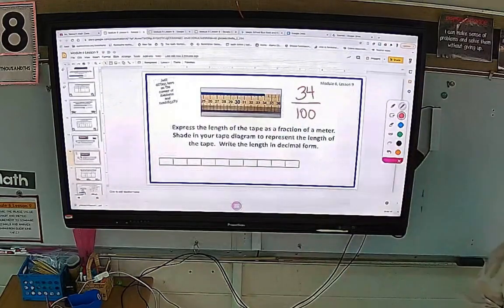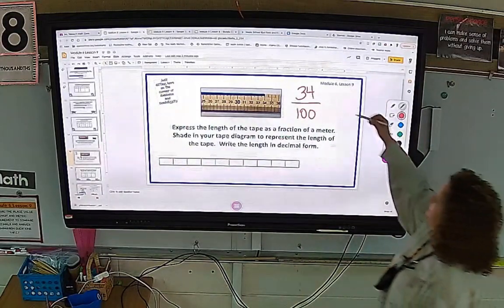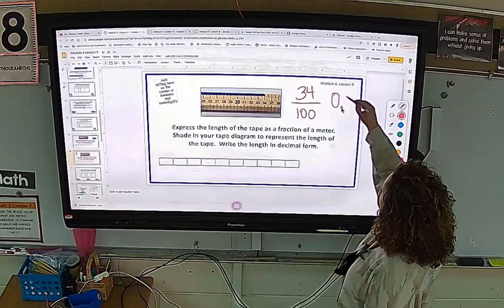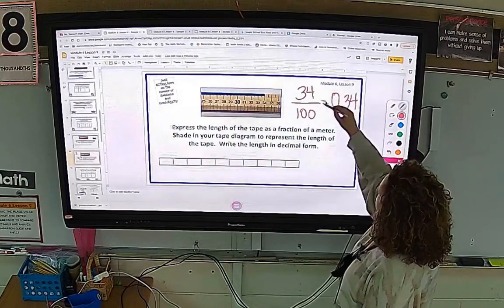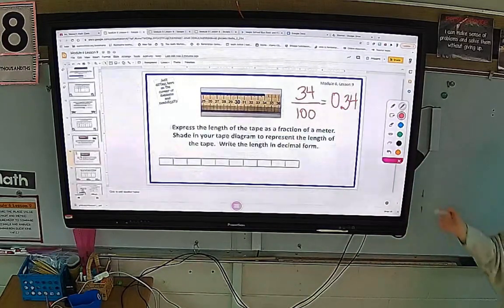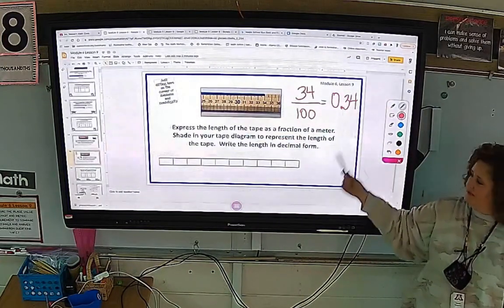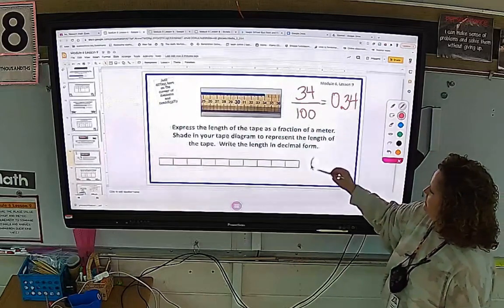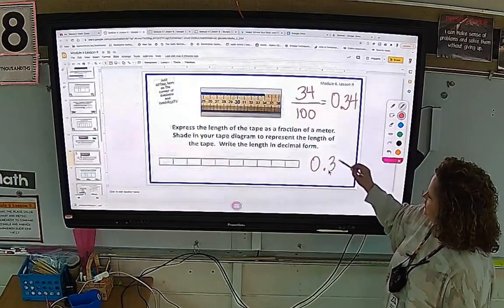All right, what is that going to be as a decimal? 0.34, or you could say 34 hundredths. So write 34 hundredths, 0.34, beside your second tape diagram and shade that much in.